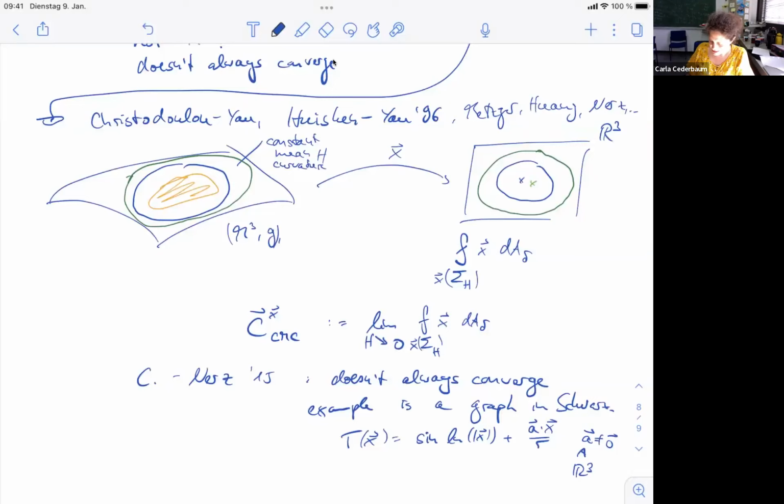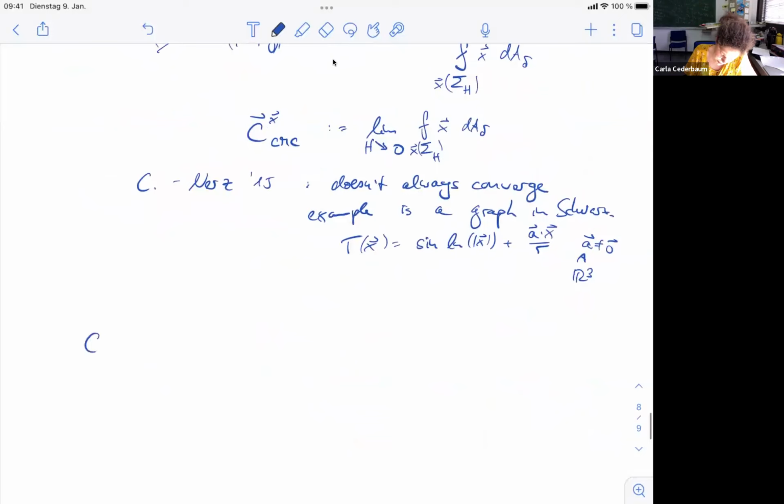This effect we can remedy in a paper with Anna Sakovic, which was only published last year, but the result has been around for a while. So if instead of looking at constant mean curvature surfaces, as Huisken and Yau and subsequent works do, we look at constant space-time mean curvature surfaces, as I explained yesterday, then we also get a unique foliation of a neighborhood of infinity of our initial data set with non-vanishing energy.